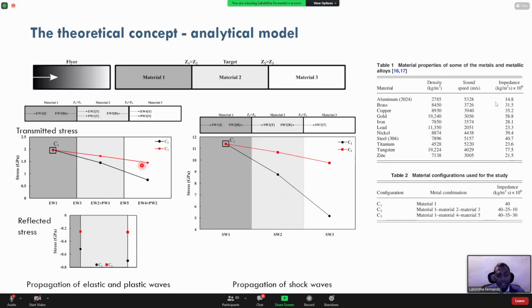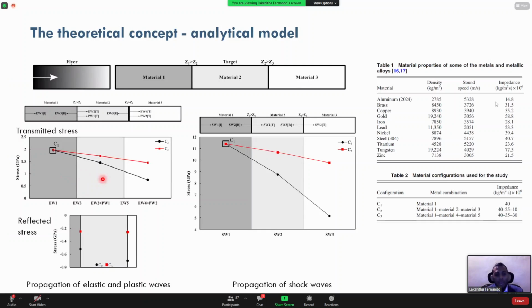So what this tells us is that by maintaining high impedance reductions within the system, you can significantly reduce the transmitted stresses onto a structure. But it comes at a cost. What this means is it has to reflect stresses at each joint, and it's these reflected stresses that can cause delamination between these multi-materials.